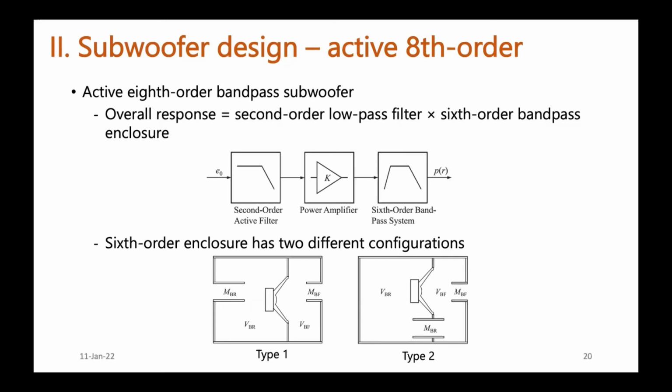composes a sixth order enclosure, and the enclosure is assisted with an active second order low pass filter in front of the power amplifier. So the overall response is a simple multiplication of the second order low pass filter response by the sixth order bandpass response.